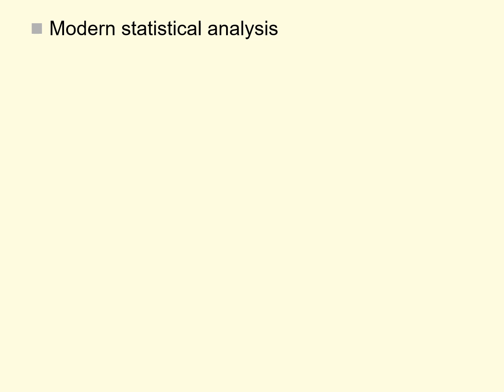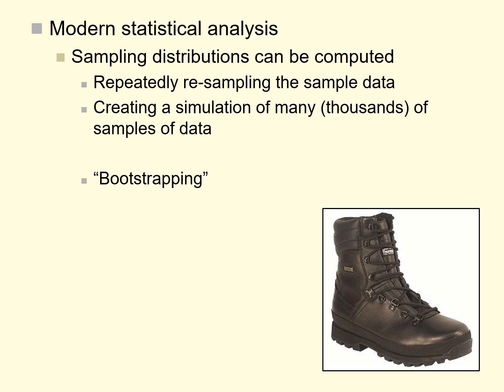Nowadays, there are all sorts of relatively modern statistical techniques where we actually compute a sampling distribution, or we simulate it by successively resampling our sample of data to create many thousands or tens of thousands or hundreds of thousands of simulated studies, each of which will yield a value for the particular test statistic that we are interested in.